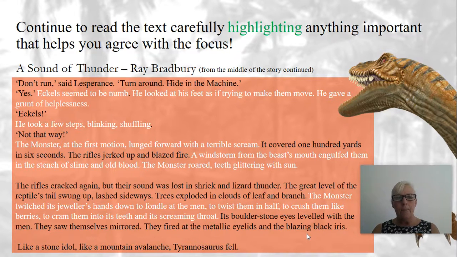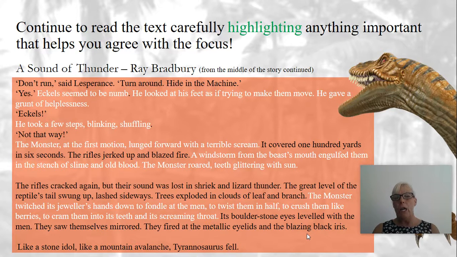The monster, as soon as he sees the move at first motion, lunged forward with a terrible scream. Again, you could use that as sensory language, or you could focus in on the verb lunged or the adjective terrible scream. And then again, I think that sensory language of smell, the beast's mouth engulfed them in the stench of slime and old blood. So think about what effect? What could you say?